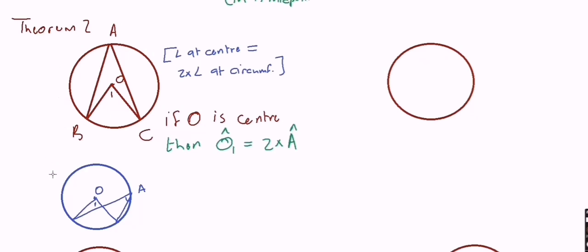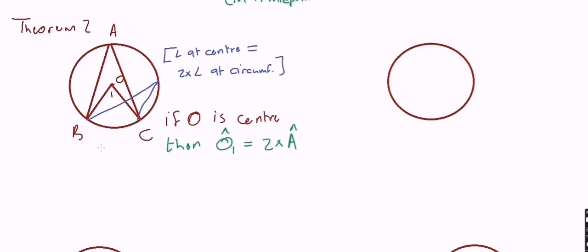So pay attention to an arc that subtends an angle at the center and also subtends an angle at the circumference. That is what we are looking for. We are looking at a segment or an arc that subtends an angle at the center, at the same time subtends an angle at the circumference. Another angle would be somewhere here.